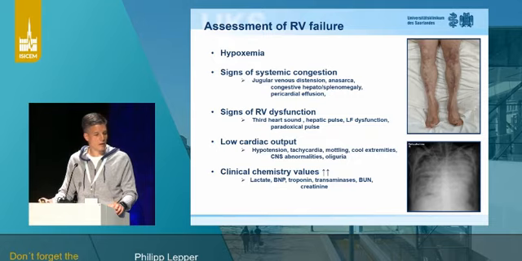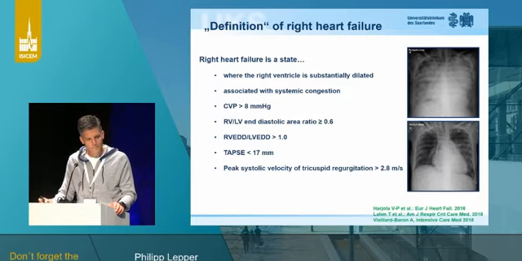They have a low cardiac output and they show changes in clinical chemistry values. Probably the most easily identified value is lactate because it comes with all the blood gas analysis, but also troponins and transaminases are helpful to monitor these patients.